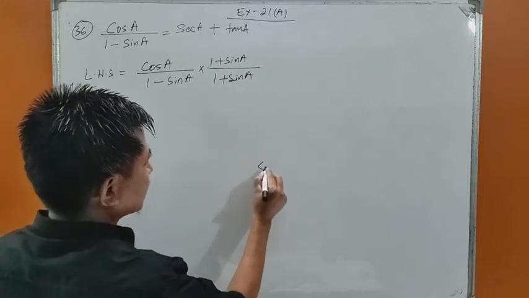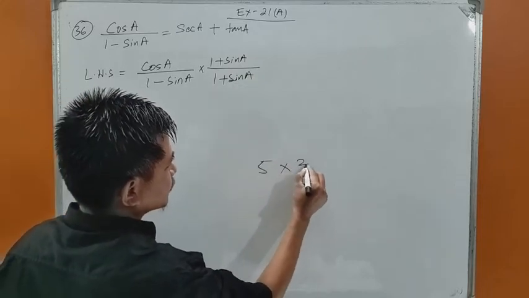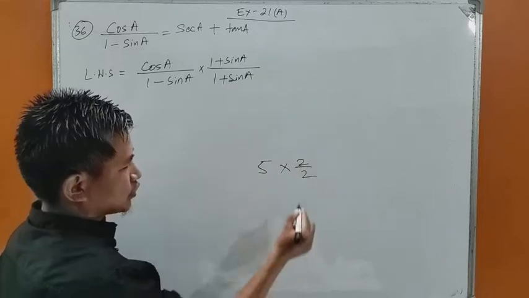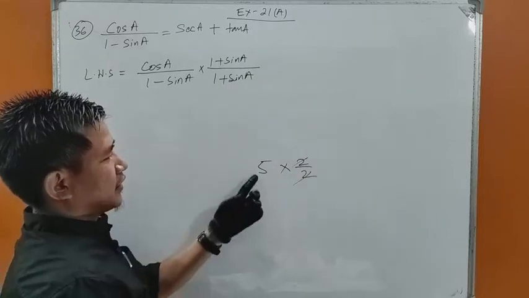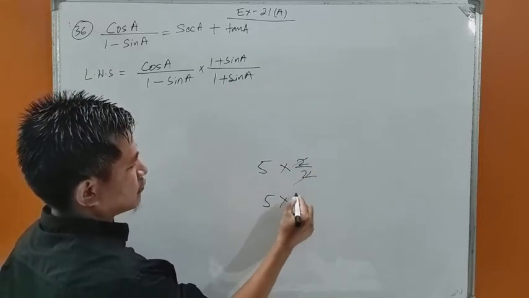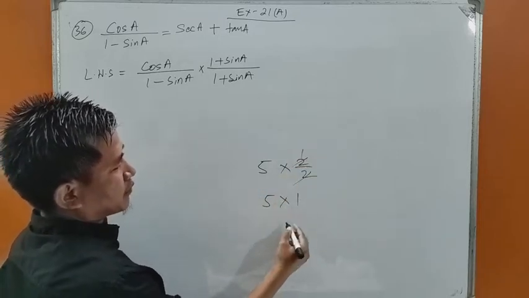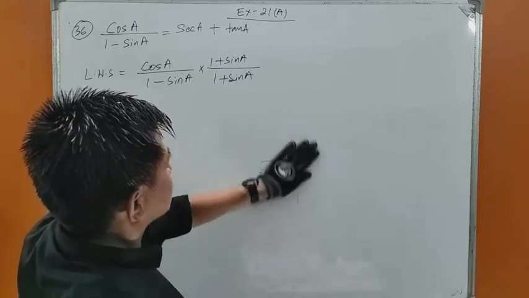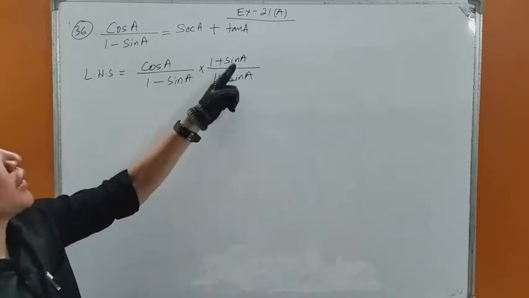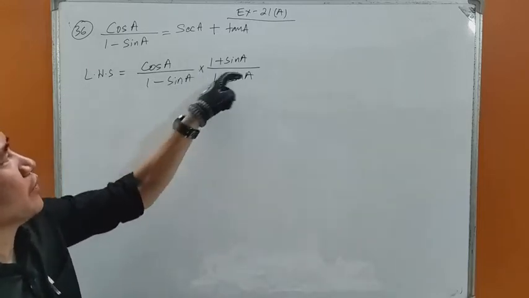Suppose we have 5 here, we can multiply by 2 and divide by 2. So this 2 and 2 get cancelled, and 5 into 1 means 5, isn't it? So this can be done like this: 1 plus sin A by 1 plus sin A.